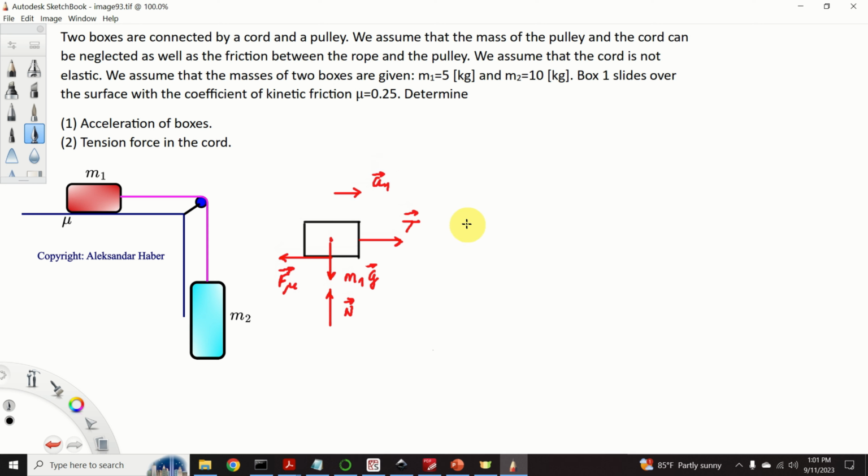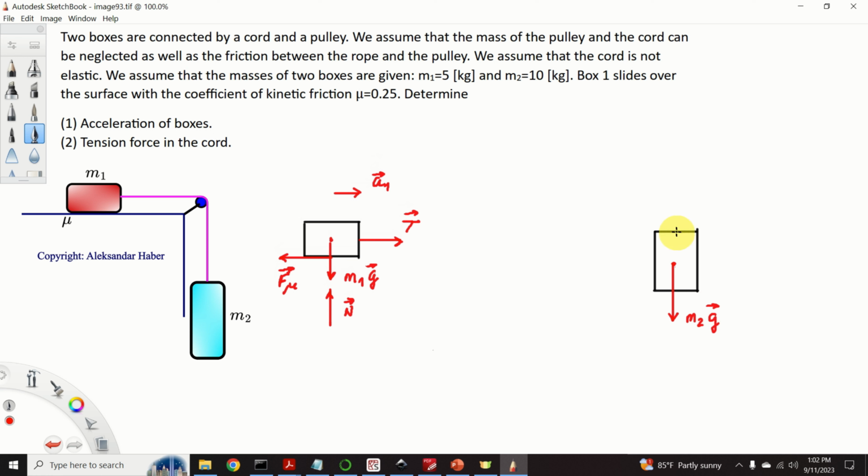Next, let us construct the free body diagram of the second box. Here's the second box. And let's analyze the forces acting on this box. Obviously, we have the weight of the box 2, that is, we have M2 times g.